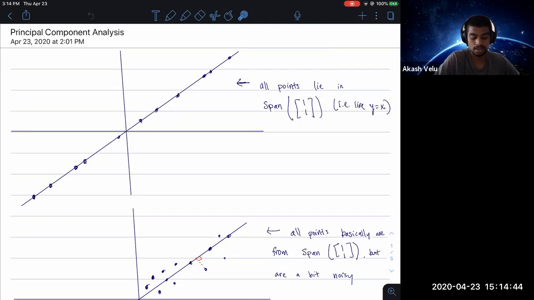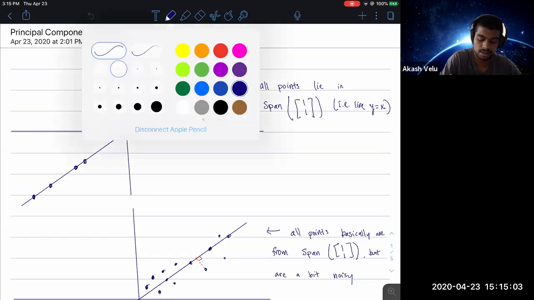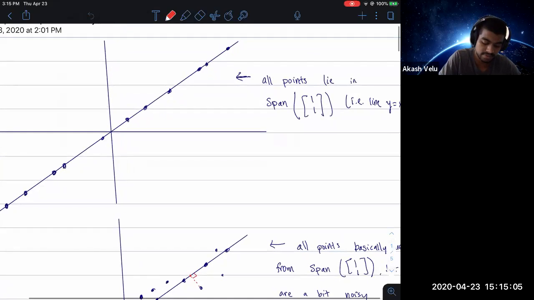Second, if we were to know that all the points lie along the vector 1, 1, then we could represent each point with a single number, that number being how much along the vector 1, 1 that point lies. For a concrete example, say this is the vector 1, 1.